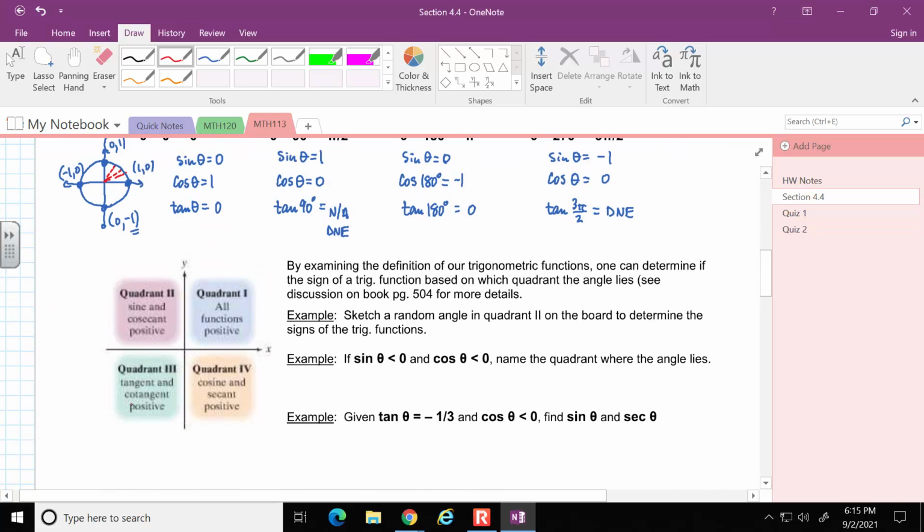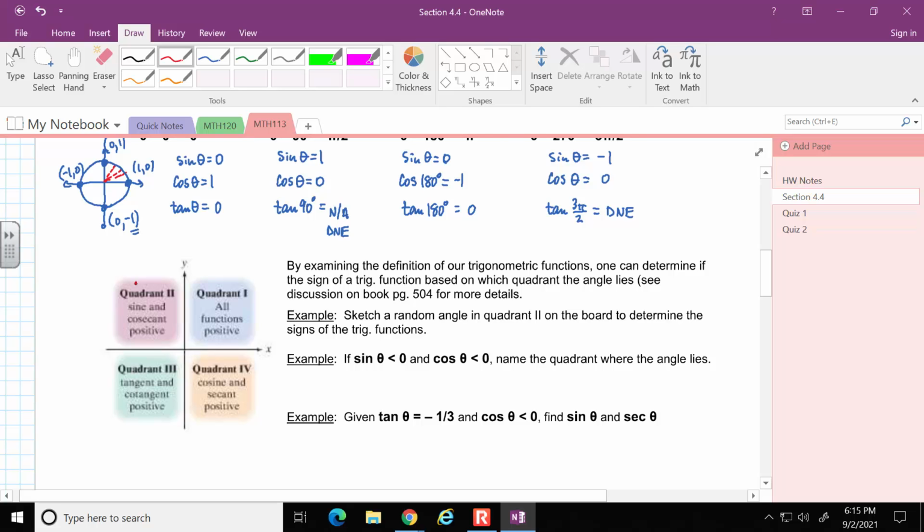Now the other thing you can look at is I can come into my quadrants and determine what the signs of all my trig functions are going to be. So again, I look at the unit circle and I say, in quadrant 1, my x is positive, my y coordinate is positive, so all my trig functions are going to be positive there, right? Because tangent's positive over positive, etc. In quadrant 2, it says sine and cosecant are positive, so that makes sense.